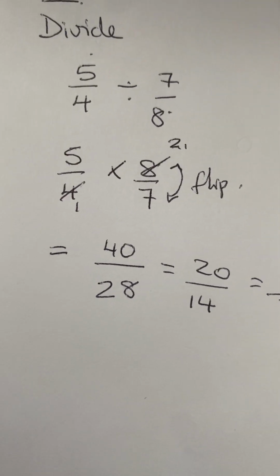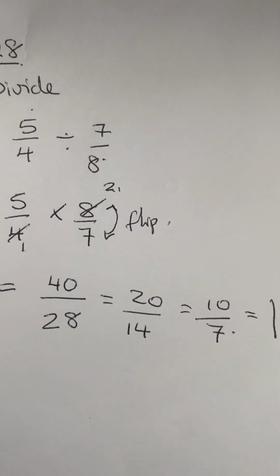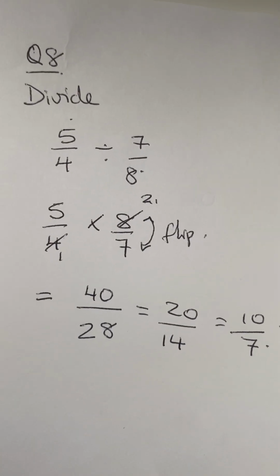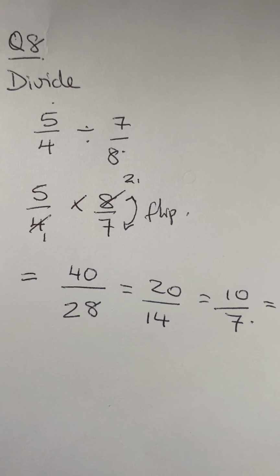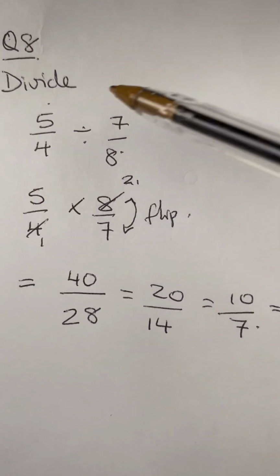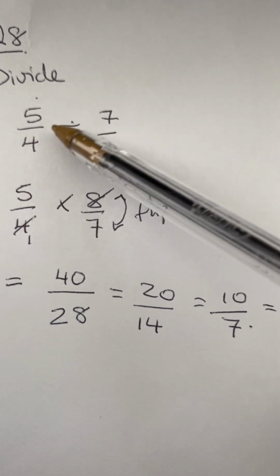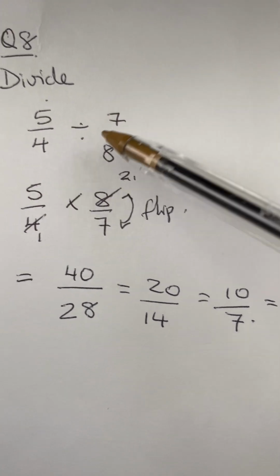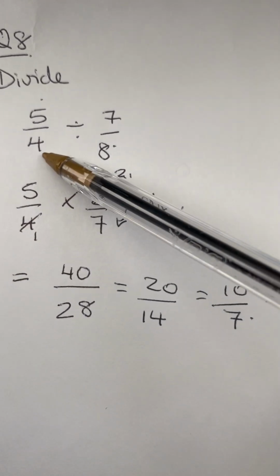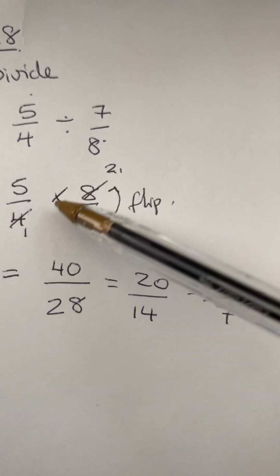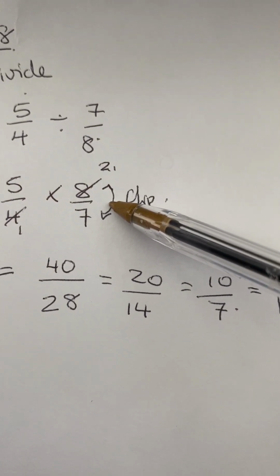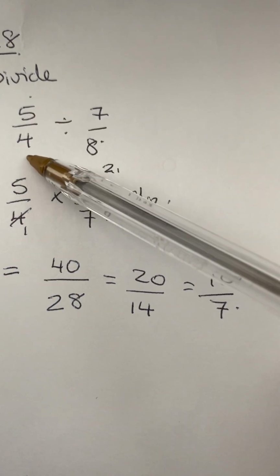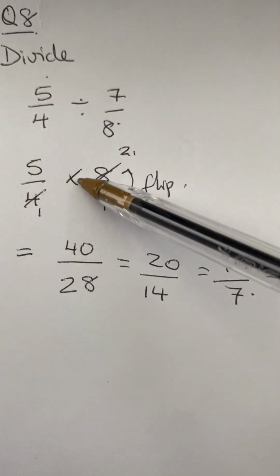So now I think we are on question 8, which is divide. So we've looked at equivalent fractions. We've looked at addition and subtraction. In division, we said we are not allowed to divide the top and the bottom directly. We keep the first fraction, we bring a times, and then we flip the second fraction. So 5 over 4 there, and then times.